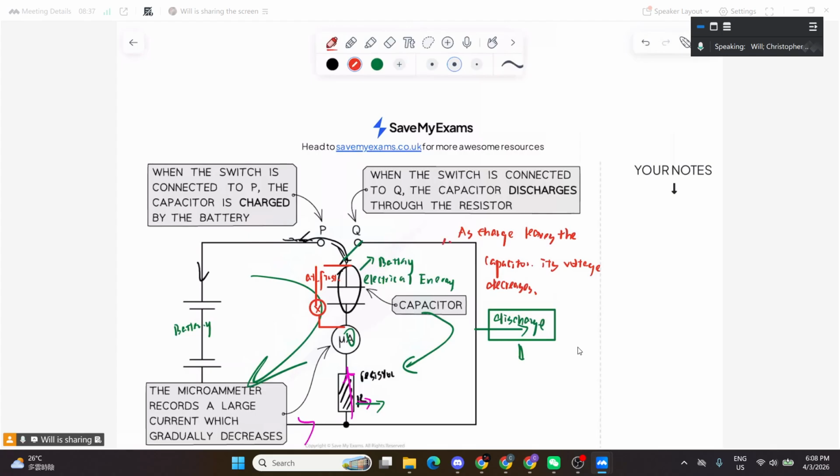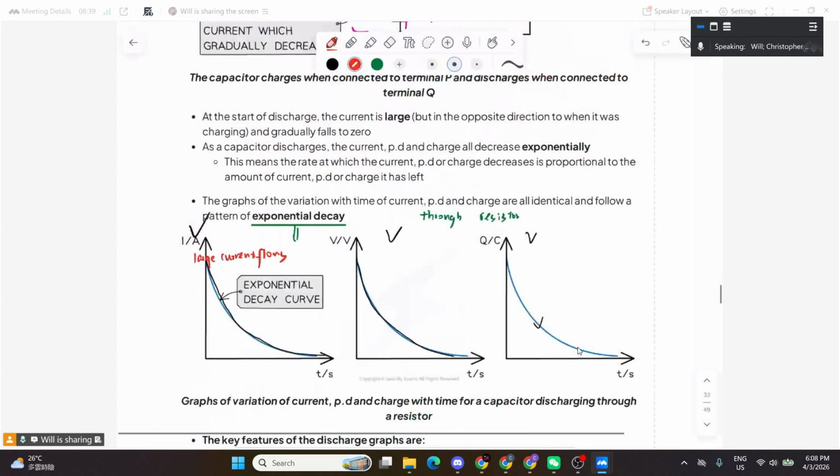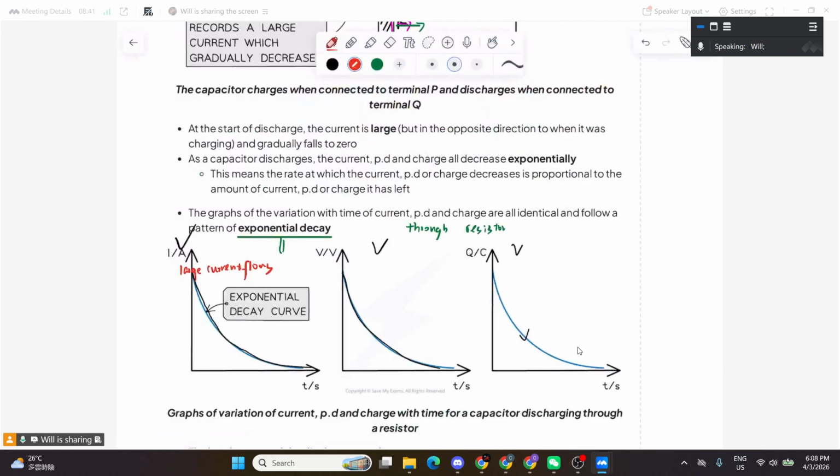And the lower voltage means a smaller current, so the charge leaves more slowly, and this causes the voltage to drop quickly at the beginning and then more gradually over time. So mathematically the behavior follows an exponential decay function, so the graph is an exponentially decreasing curve. Understand that?